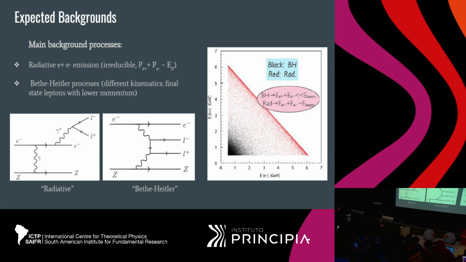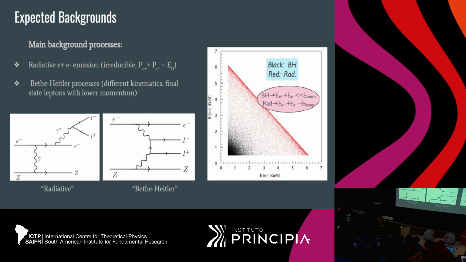The signature in that case would be basically the same, because you have two clusters in the calorimeter and also two tracks in the silicon vertex tracker. But also a bit fancier process, which is called Bethe-Heitler, that results basically in the same final state, so 3 electrons that may impinge on your calorimeter.